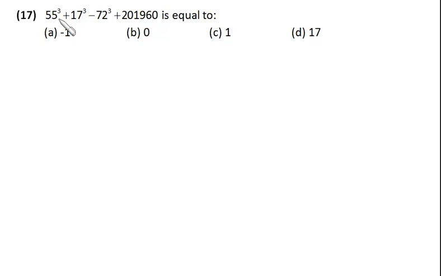Now this is once again, just see this and try to recall this. It is equal to 3abc when a plus b plus c is 0. Here a is 55, b is 17 and c is 72. So 55 plus 17 minus 72 is 0.